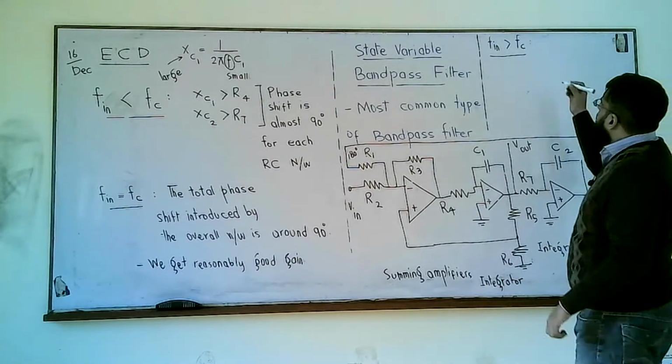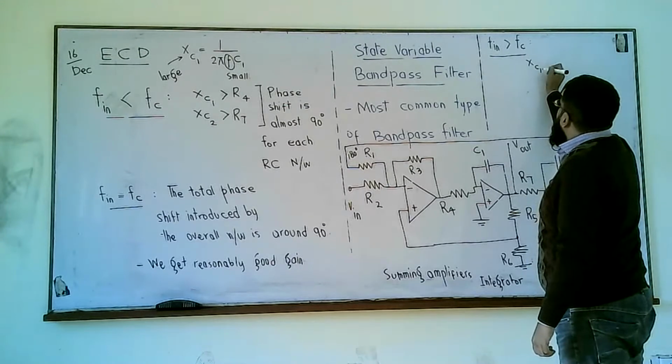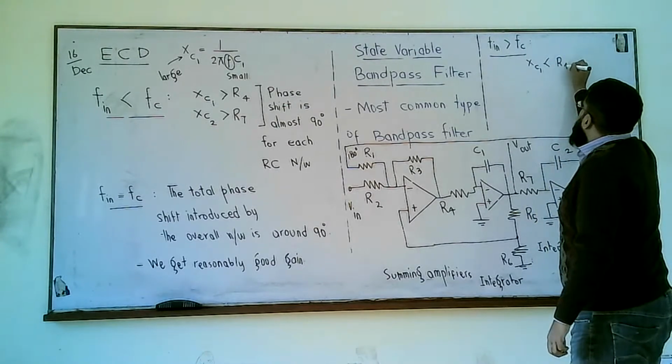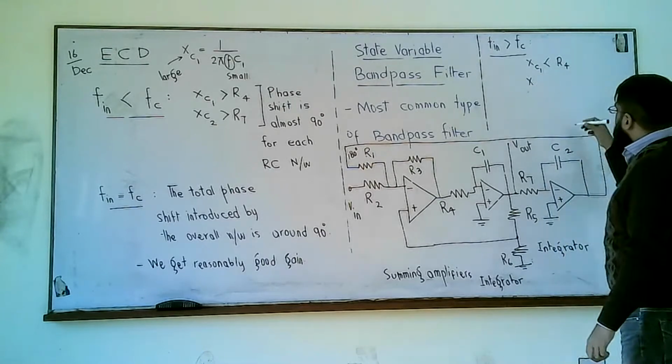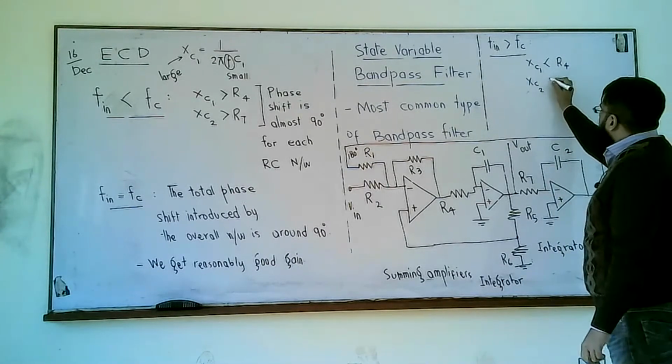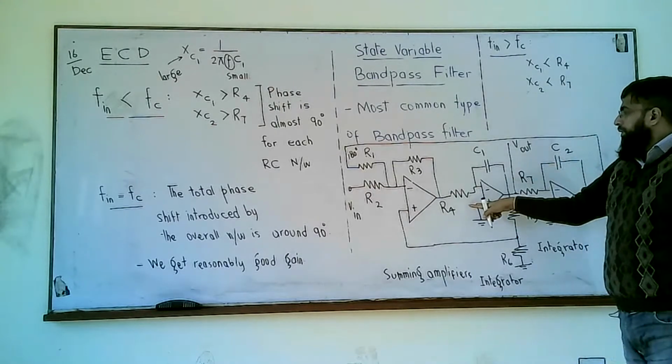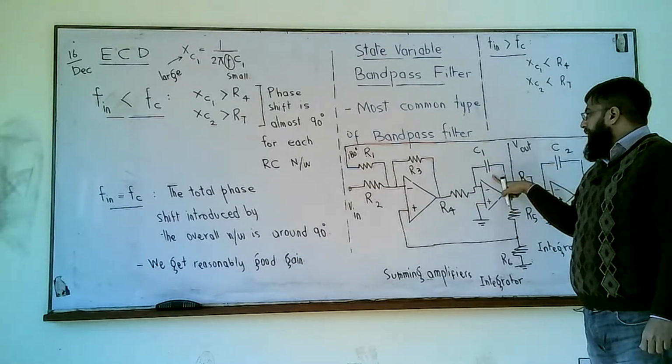So Xc1 becomes much smaller than R4, and Xc2 becomes much smaller than R7. If Xc1 is much smaller than R4, this would provide a minimal gain.